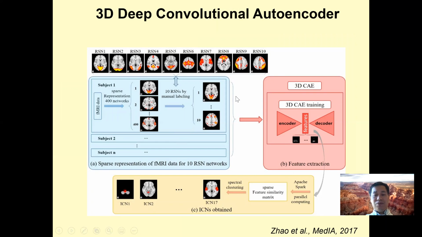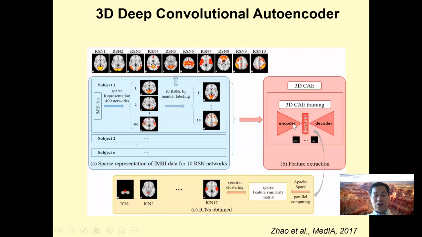So that's why we are motivated to design an even better approach, which we call a three-dimensional autoencoder, to put all these input brain network volumes into an autoencoder architecture.